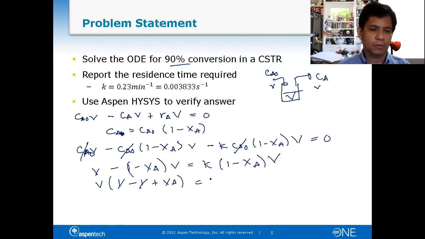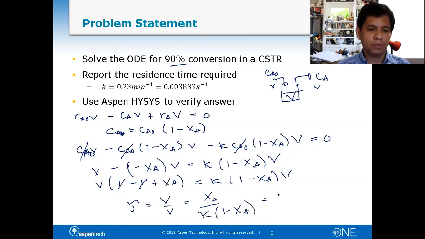So, if you're going to transpose small letter v to the other side, you will have the explicit equation for tau, which is V over v. So V over v is XA divided by k times 1 minus XA.